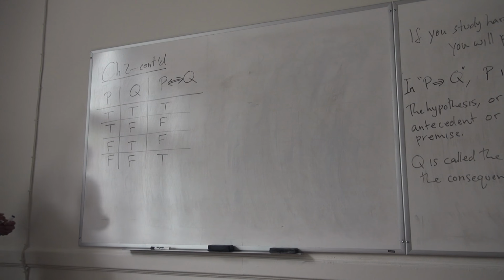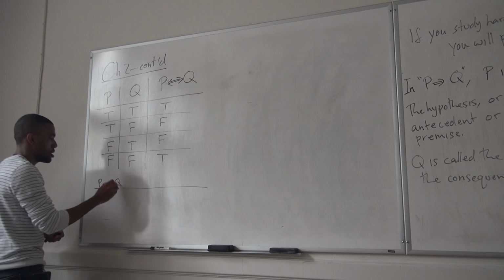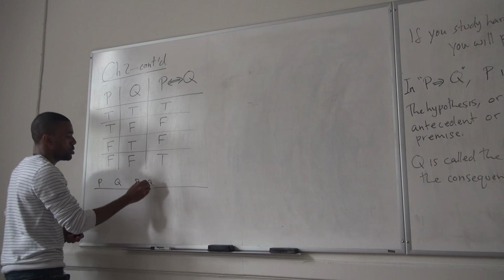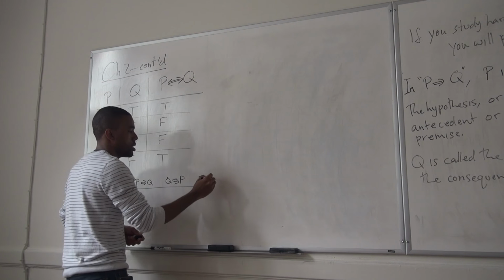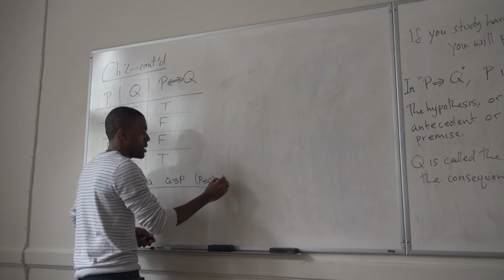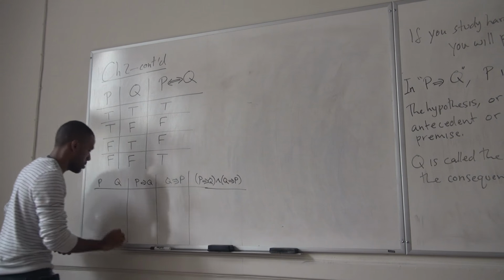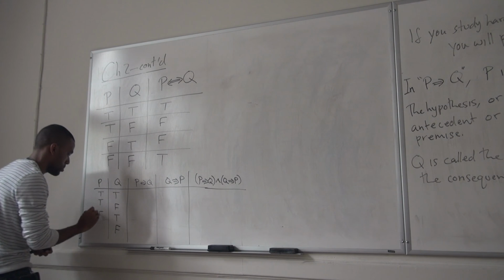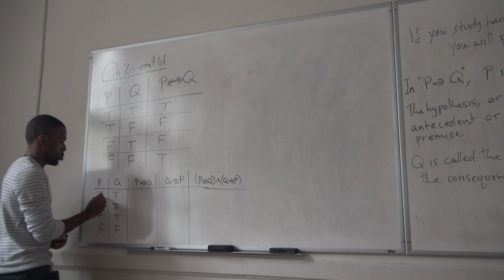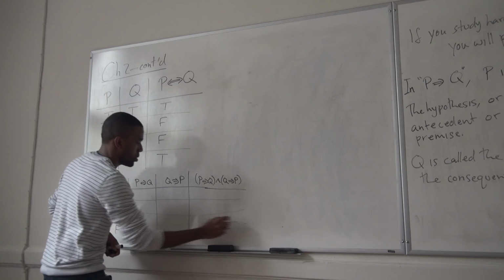What do we say this means? That means implication is going both ways, right? So if you drew the truth table, and I talked about P, Q, and I looked at P implies Q, and I looked at Q implies P, and then I looked at P implies Q and Q implies P. Right.